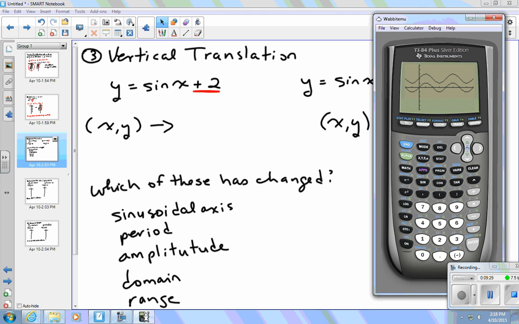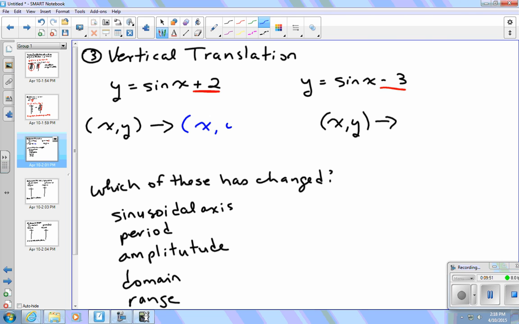What has changed is the range of the function, and what has changed is the sinusoidal axis, because the sinusoidal axis, the horizontal line that it runs through, is now at y equals 2. So if we go to our mapping rules, we could say for this one that xy maps onto x and y plus 2.